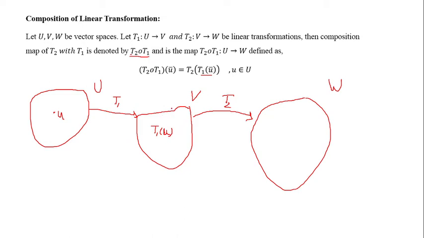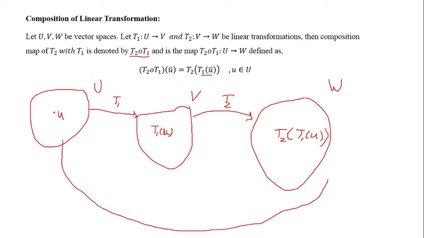Now operate: you can operate T2 on the elements of V. So you will get the element in W as T2 of T1 operating on u.